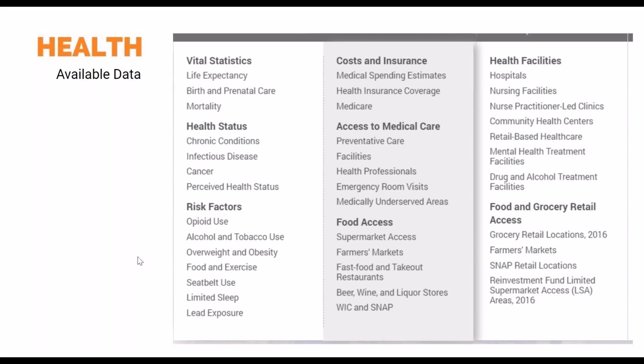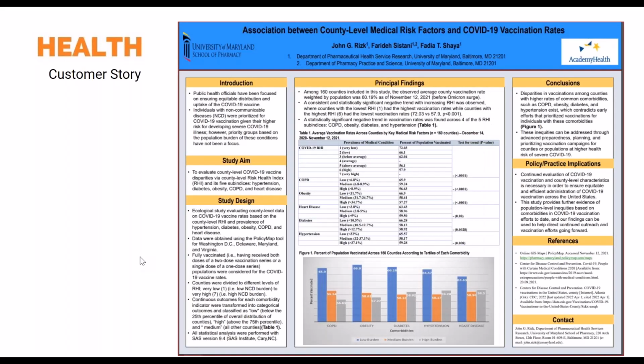This is taken from a point in time over the past few years, so we have added new data since this was here. But here's a really great customer story coming from one of our professors at the University of Maryland School of Pharmacy.